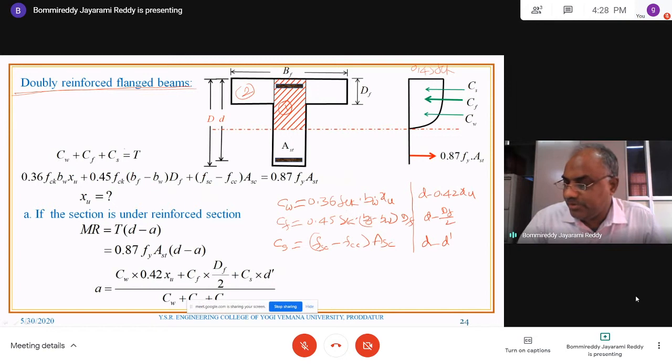So what normally you will do in the examination, if a question is based on this: total compressive force equals total tensile force, put all these forces here and find out the XU value. And if it is an under reinforced section, moment is T into (D minus A), and that A value will be computed using this formula.